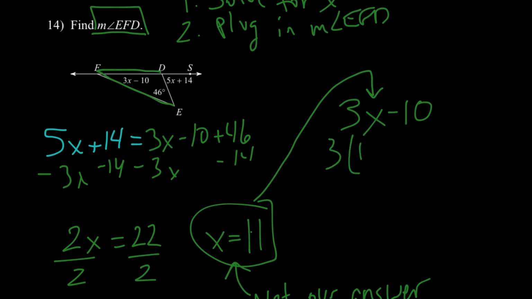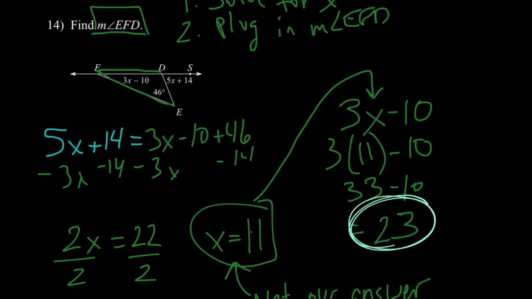So 3 times 11 minus 10. Well, 3 times 11 is 33 minus 10 equals 23. Now that is my answer, 23 degrees specifically. So just be sure you're double checking what you want to solve for.